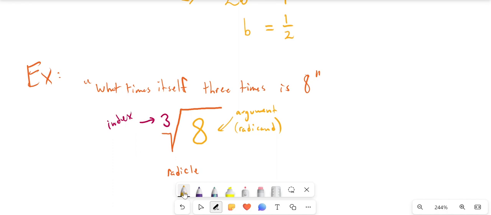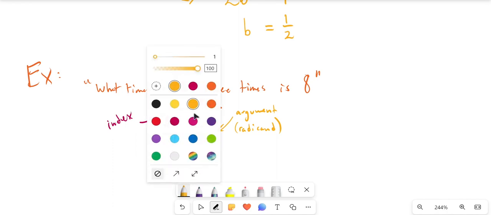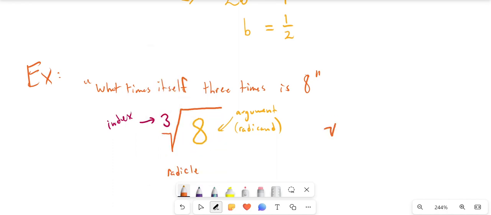But all anatomy aside here, what does this tell us? What is the cube root of 8? Well, it says it's this number. Let's call it x for now. And it says that x times x times x, so in other words, x cubed, is equal to 8.